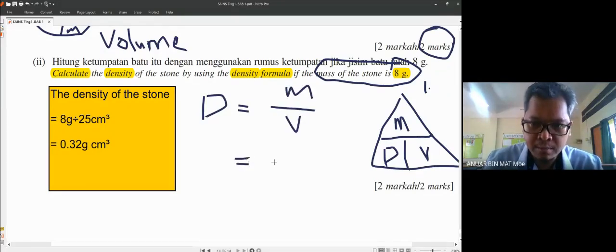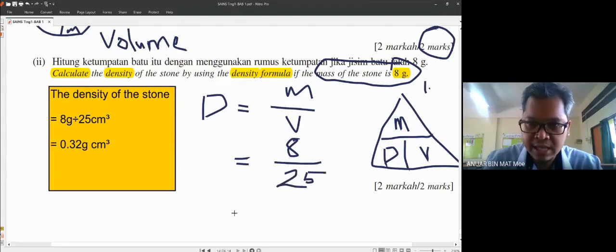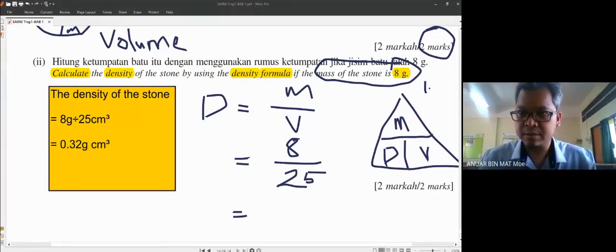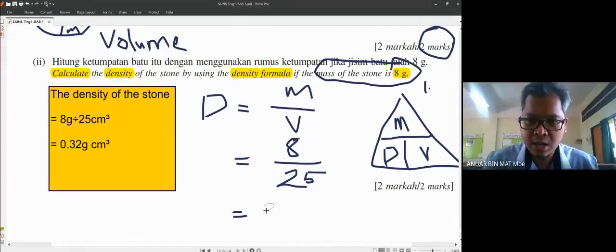The mass is 8 gram, as already stated in information number 1, over 25, which is the volume of the stone, 25 centimeter cubic. So what is the answer? 25 divided by 8. Not 8 divided by 25. 25 divided by 8. So the answer is 3.12.